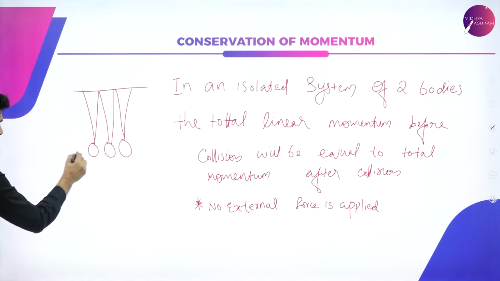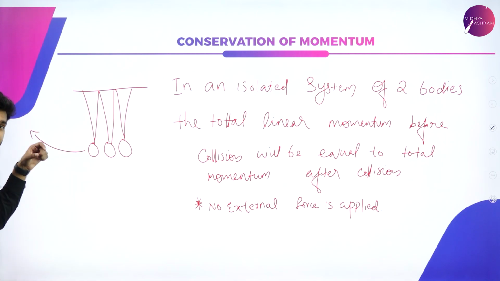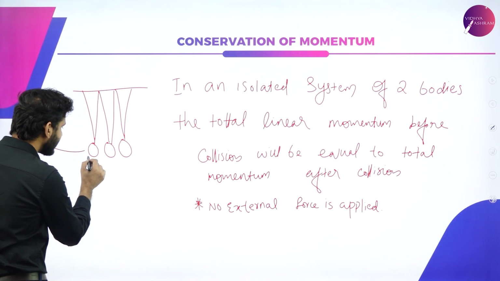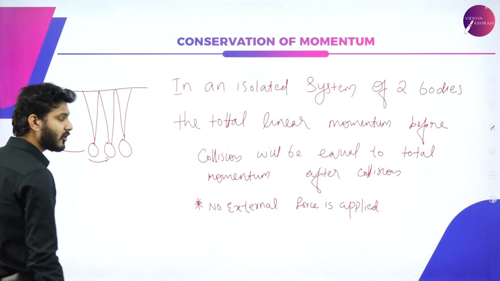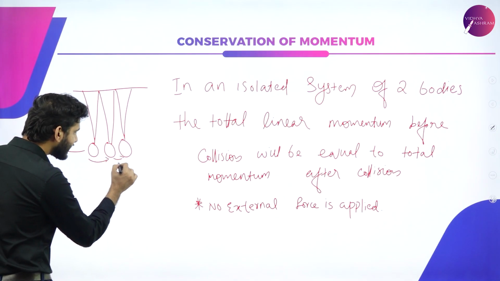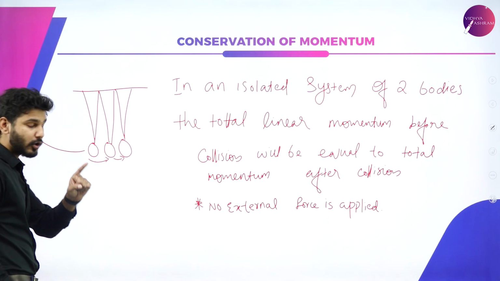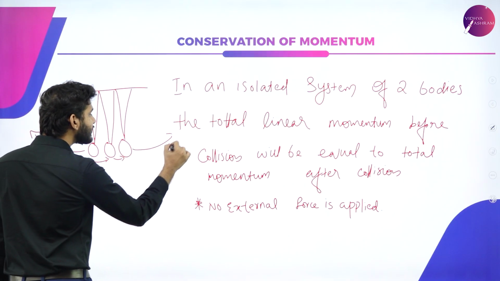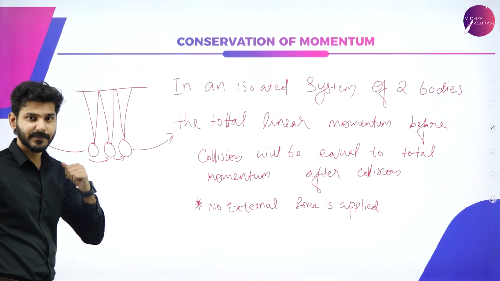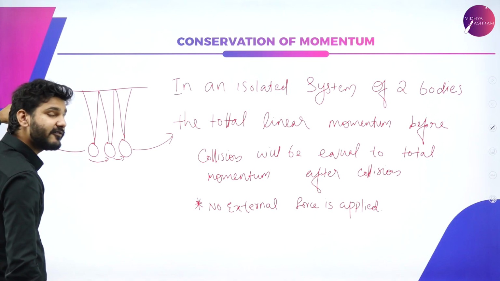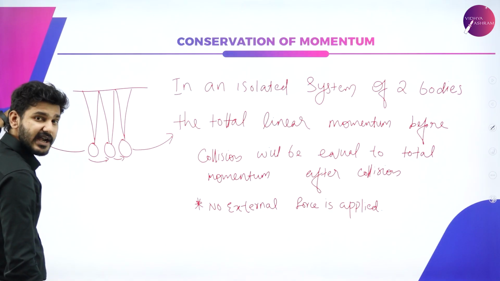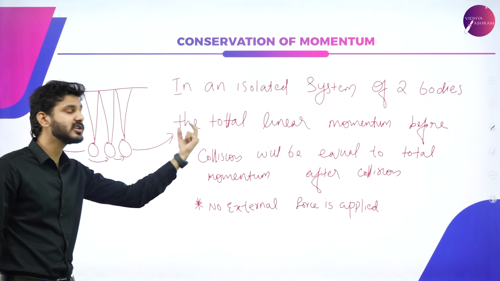If you swing one ball to the left and release it, this ball will impact the next ball, and this ball will impact the next ball, and remember, only one ball will be swinging to the left. So if I release only one ball from this side, only one ball will move to the left.